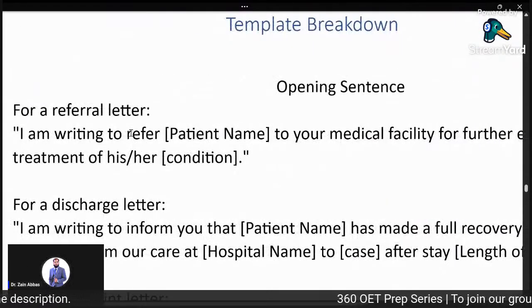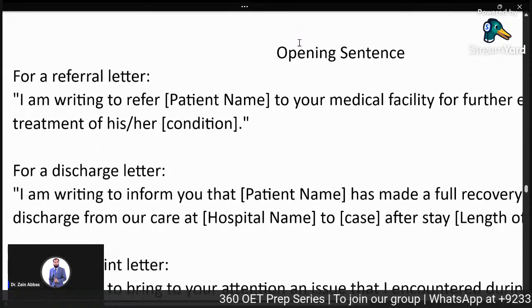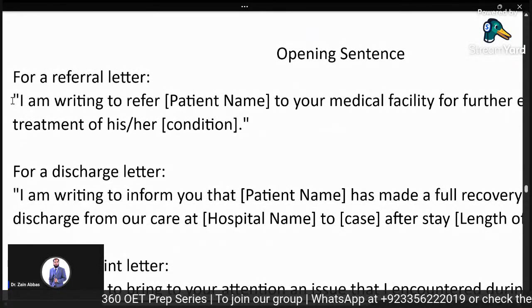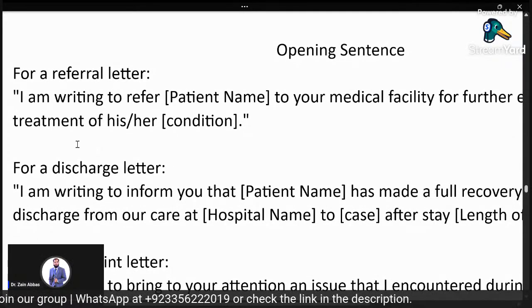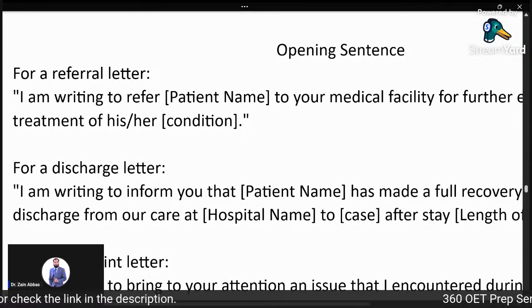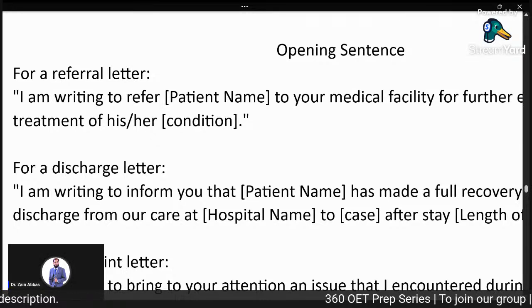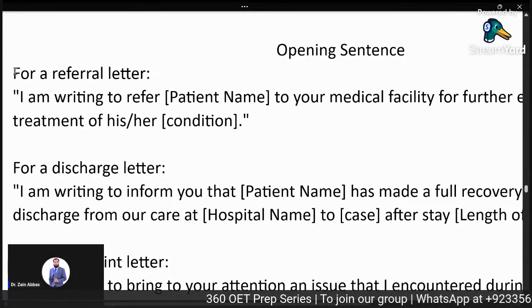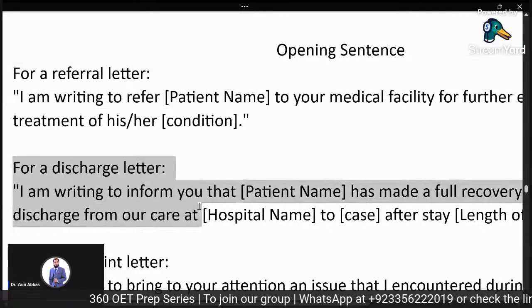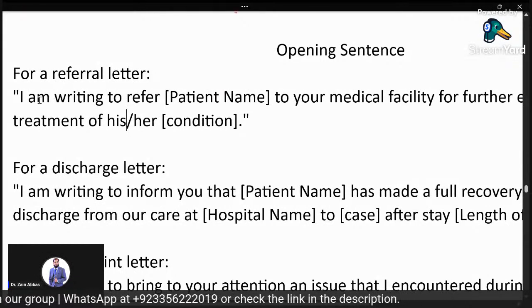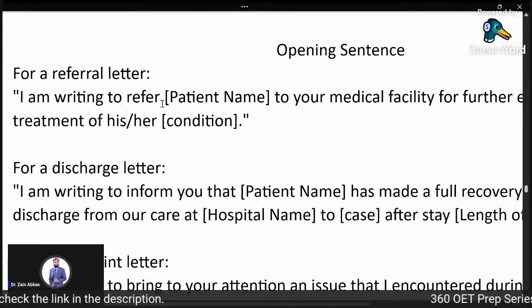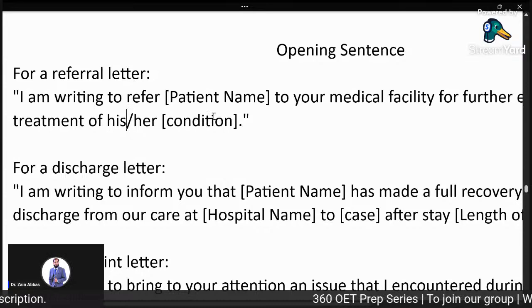So next one is the template breakdown. I have important intro lines here, including the purpose for the referral, for the discharge. The complaint is not a part of OET; it's from the PTE or other exams like IELTS, but you can check the referral here, discharge here, and in case of urgent referral, only the word urgently is added: I'm writing to refer urgently that patient, patient's name, then the whole paragraph will be the same.